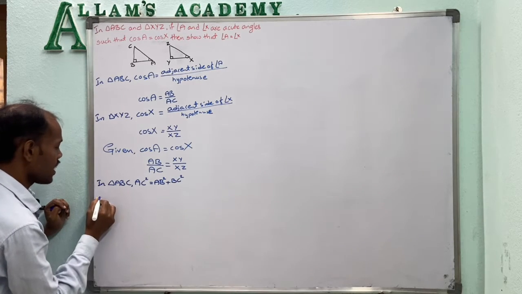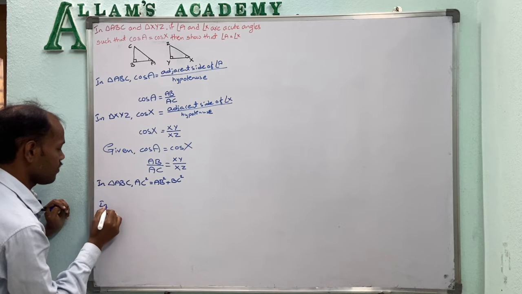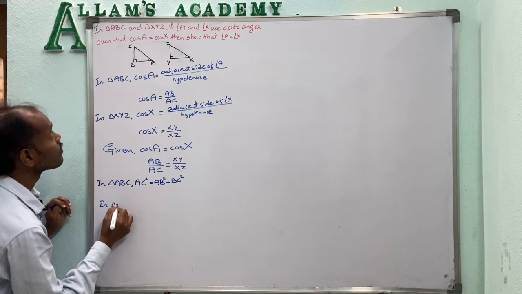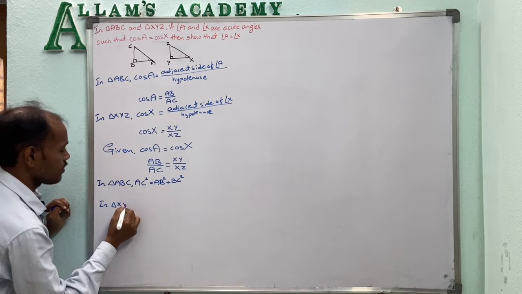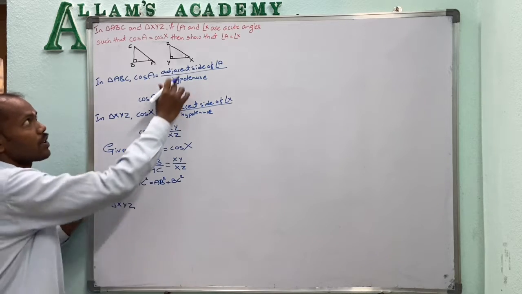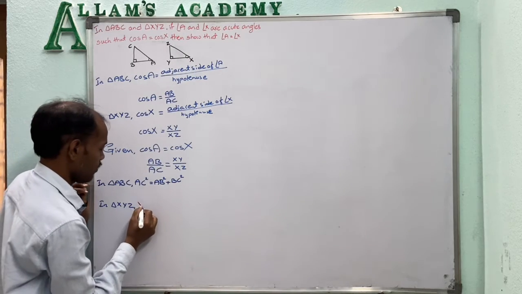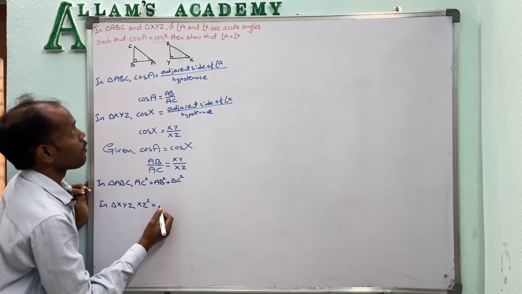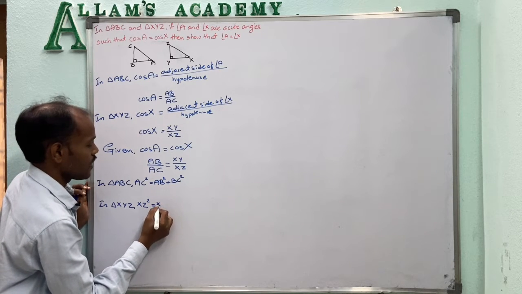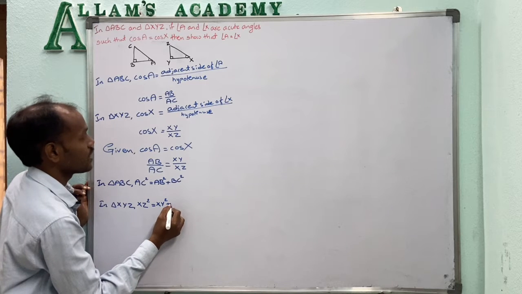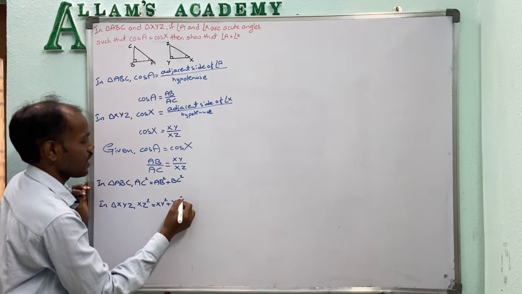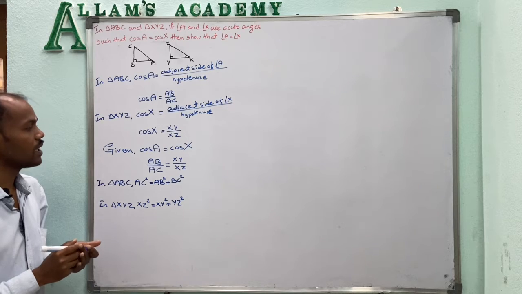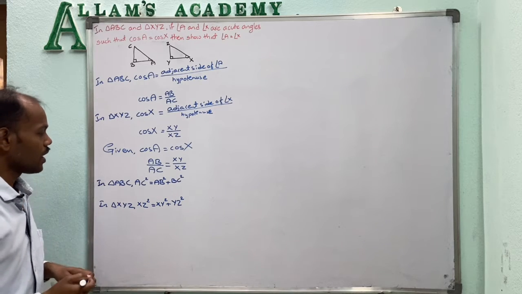In triangle XYZ, hypotenuse XZ square equal to base XY square plus height YZ square, that we have taken.